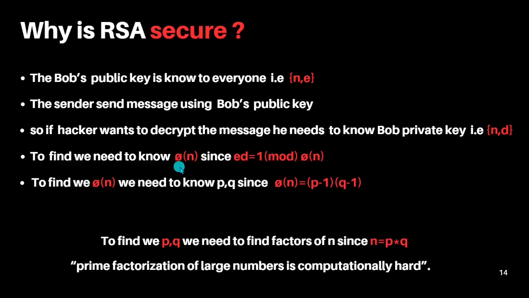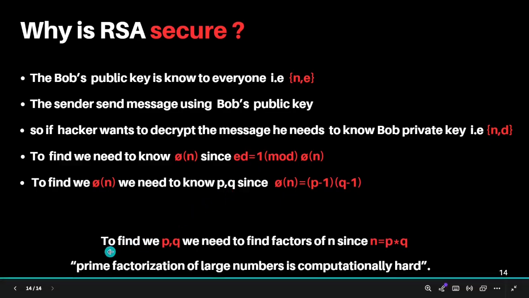If he needs to know the value of phi of n, he needs to know the values of p comma q, since phi of n is p minus 1 multiplied by q minus 1. Then to find p comma q, the hacker needs to find the factors of n, since n is equal to p multiplied by q.